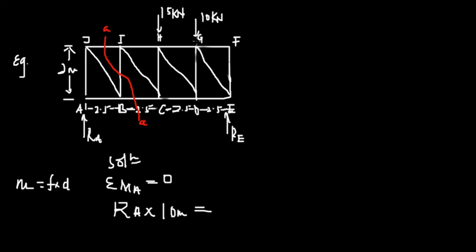Right, so from this reaction we could notice that we have 10 kilonewtons, with a distance from the 10 kilonewtons point to this point of 2.5. So we have 10 multiplying 2.5.